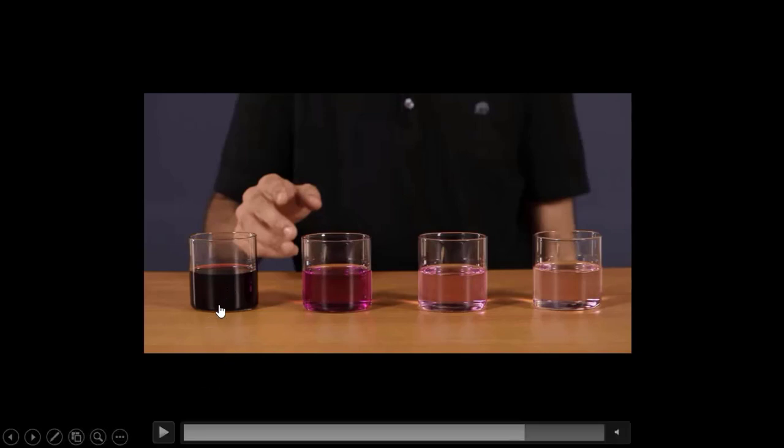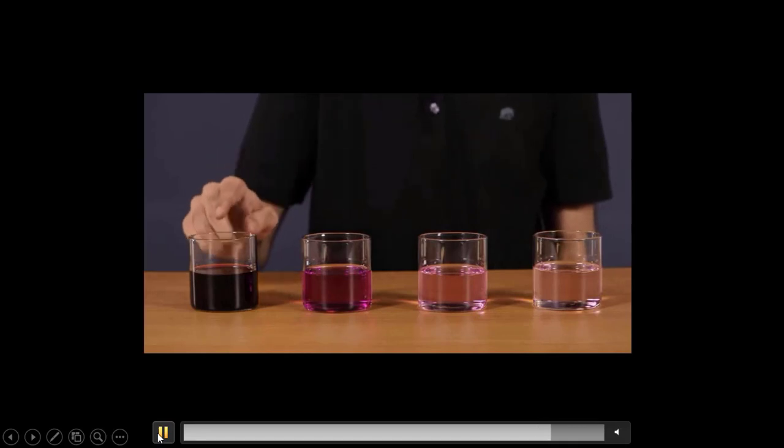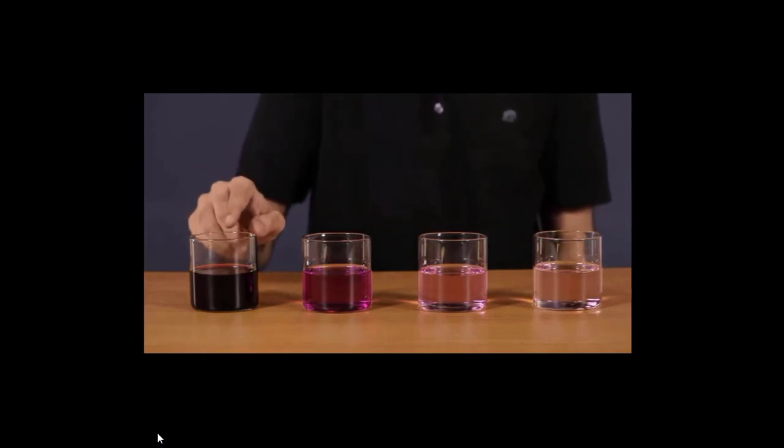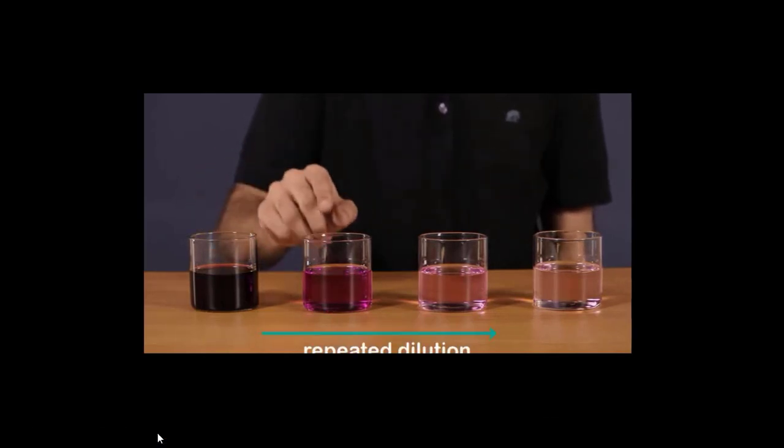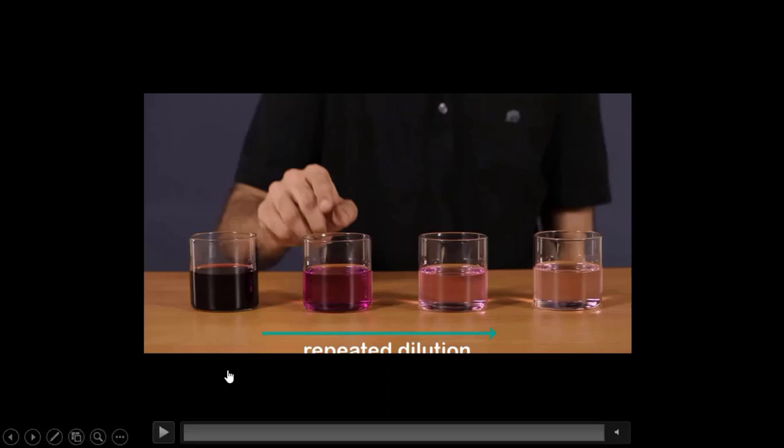The first one is dark, and as you move to the right, you can see the dilution process has taken place. That is repeated dilution, meaning that the particles of potassium permanganate have been reduced completely as we move towards the right.